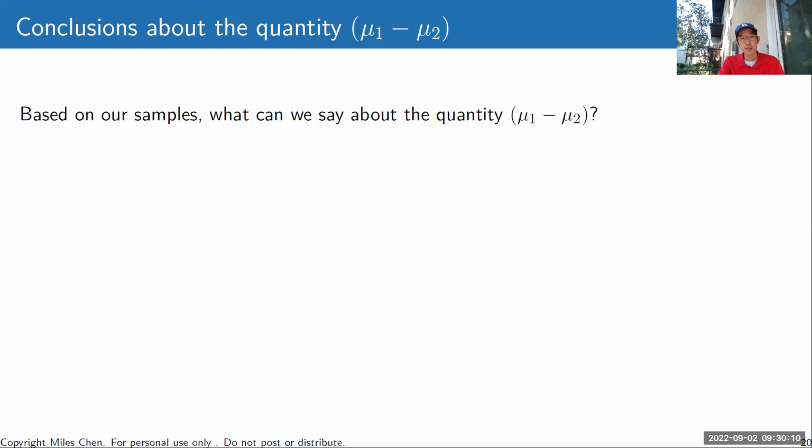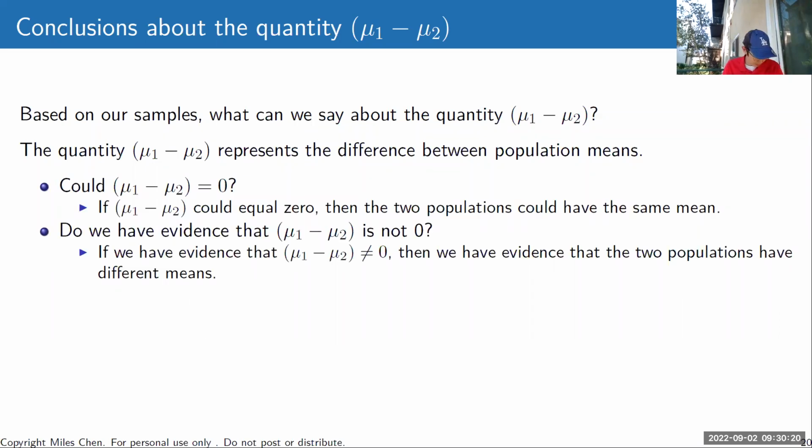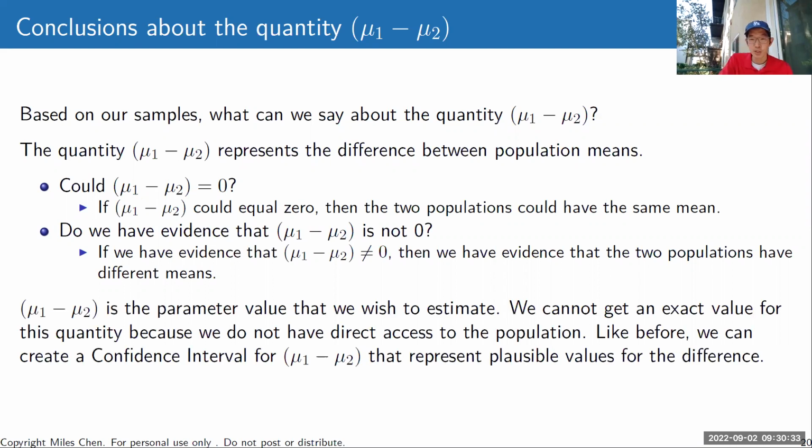So this quantity mu1 minus mu2 is how much population 1 differs from population 2. And we want to know, could that difference be 0, or do we have evidence that the difference is not 0? If it could be 0, then the two populations could have the same mean, versus we can say that they're definitely not 0.